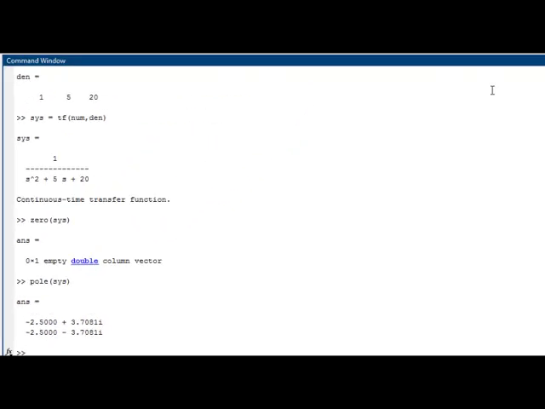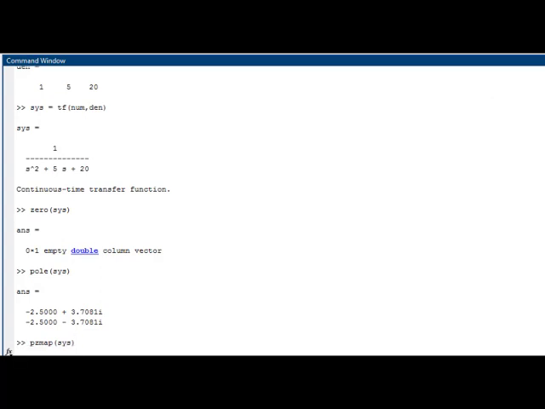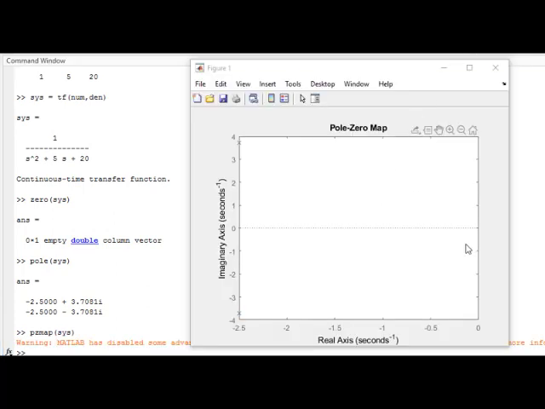Now next, we are going to verify the location of poles in the S-plane. For that, pzmap of the system. The command used in MATLAB is pzmap, the poles and zero map for the given system. It will take a little bit of time to show the plot. Okay, this is the pole zero map.